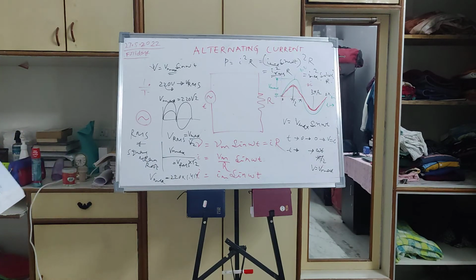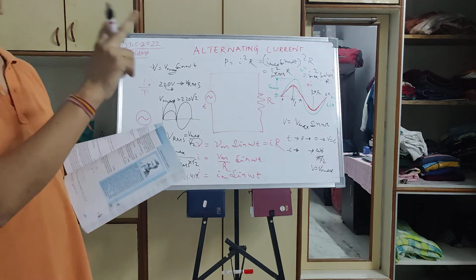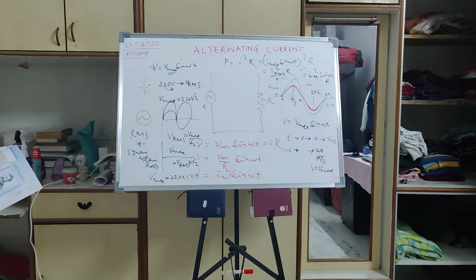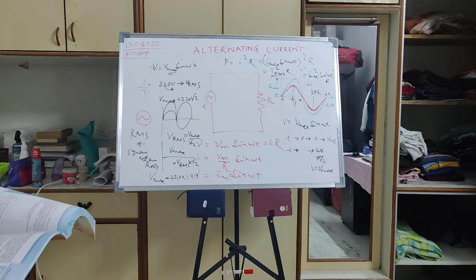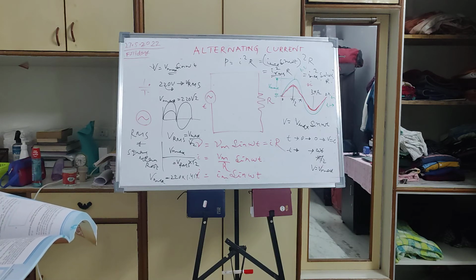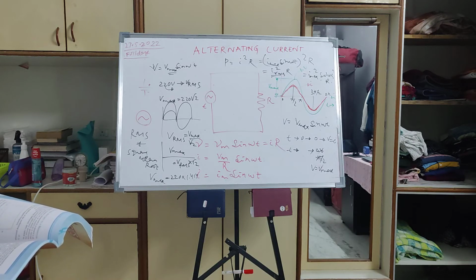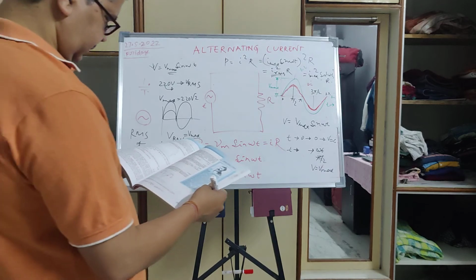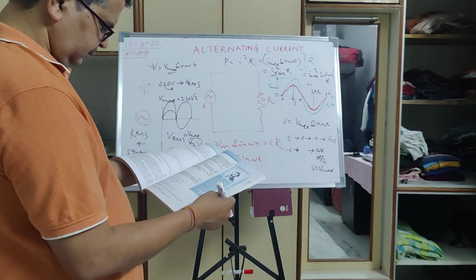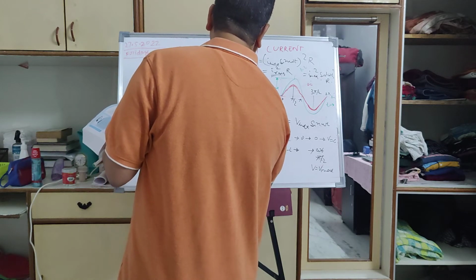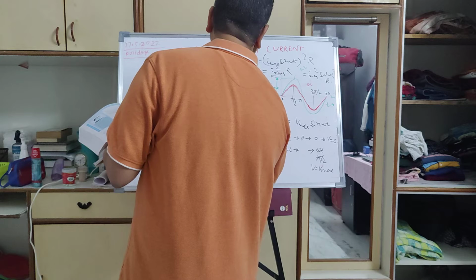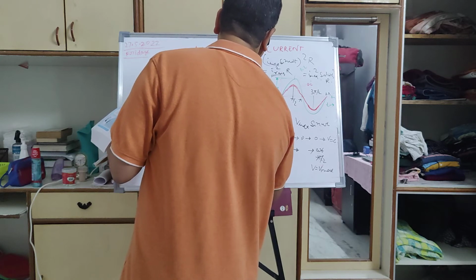So any instantaneous power consumption is I max sin omega t whole square into R, which is equal to I RMS square R. So I RMS is equal to I max by root 2.